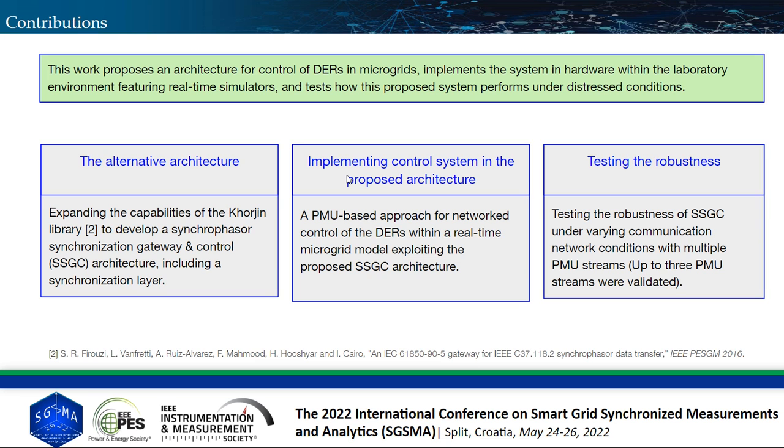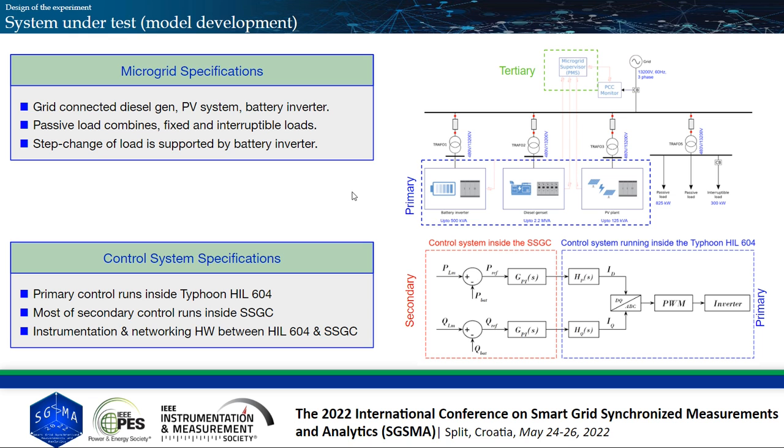We are implementing a control system in this architecture, and then we are testing the robustness of that control system under the SSGC, Synchrophasor Synchronization Gateway and Controller architecture, under varying communication network conditions with multiple PMU streams. For this implementation, we tested up to 3 PMU streams. With this background, let's look into what we have tested and implemented.